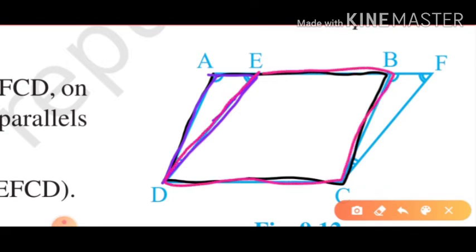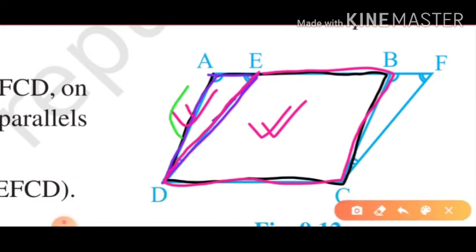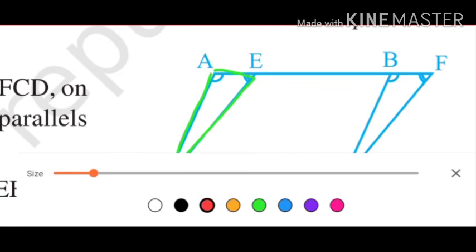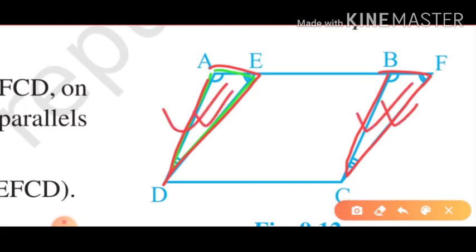Instead of this triangle, we can write this triangle. Why? Because we have shown that the area of this triangle and the area of this triangle are equal. So instead of this one, we can put this one. So what will happen?